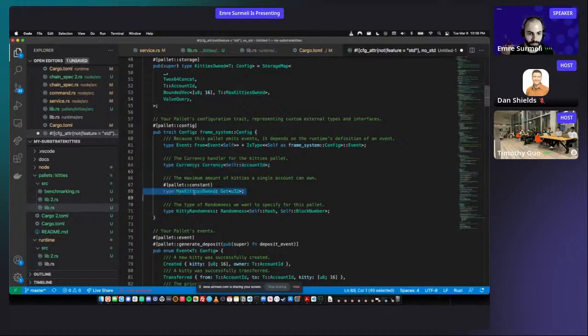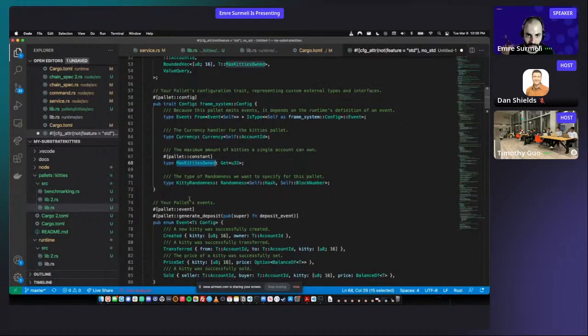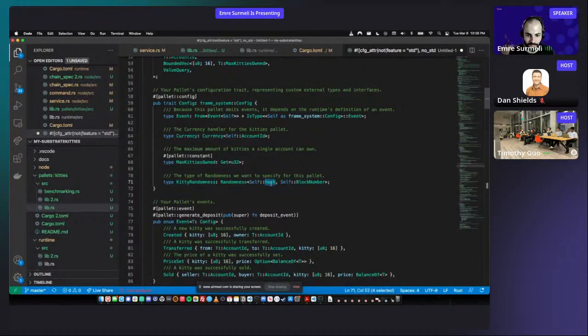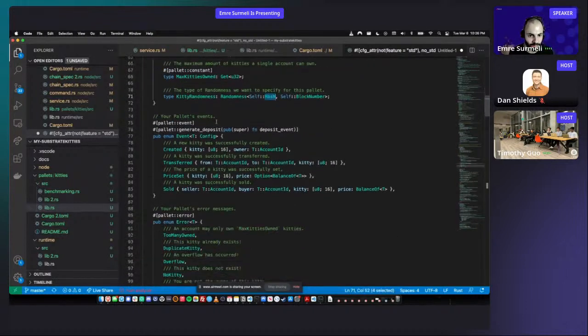We can have arbitrary types of configurations, like you can't own more than a certain amount of kitties on a single account. Kitty randomness, we want to specify this for creating the hash of the kitty. Or I think maybe actually I don't really understand what the kitty randomness is for.